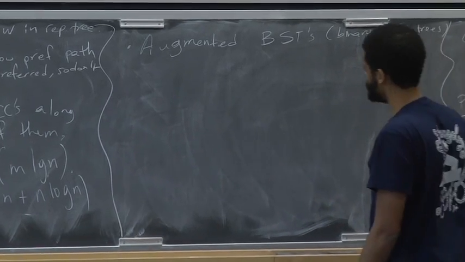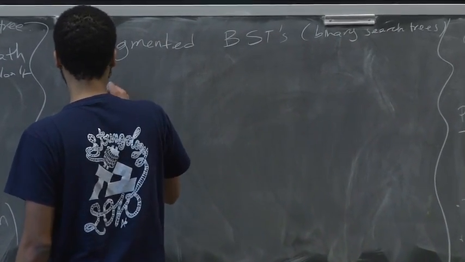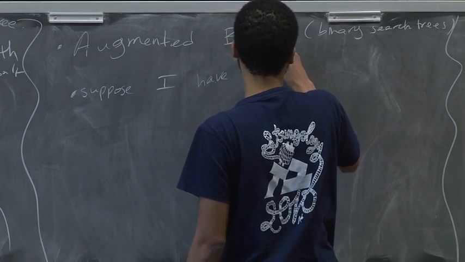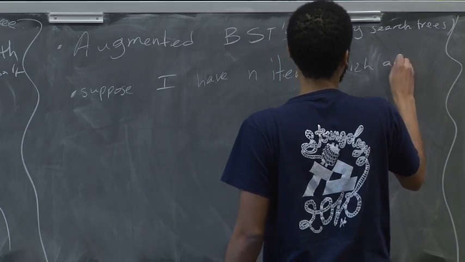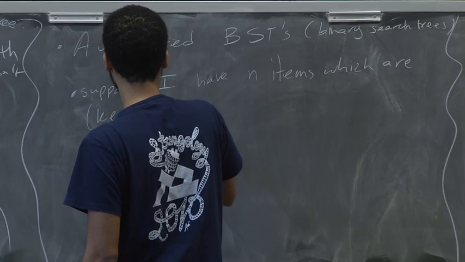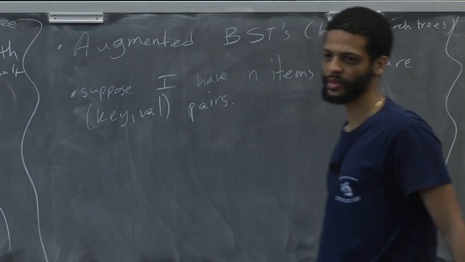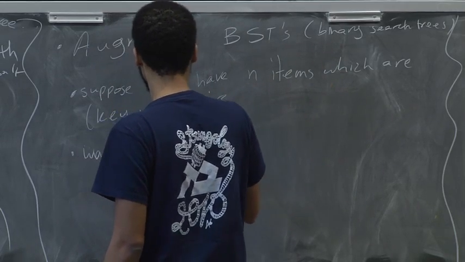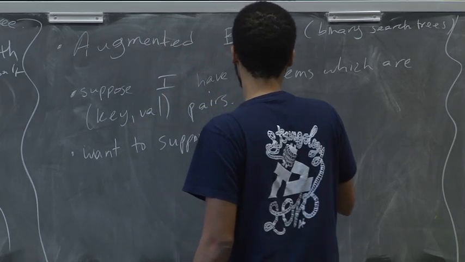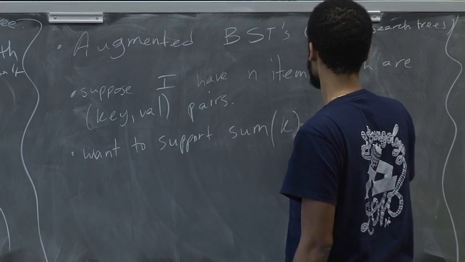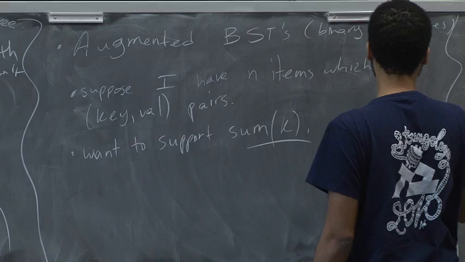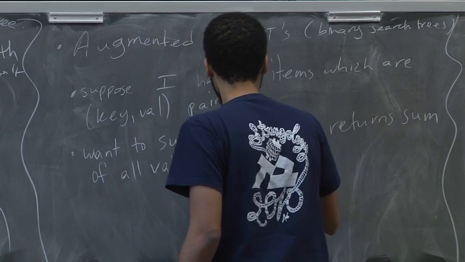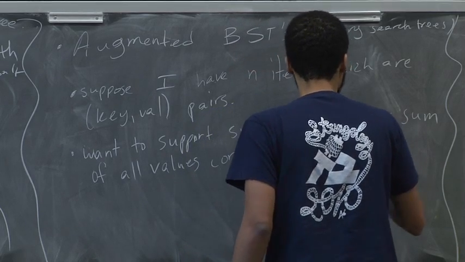So suppose, for example, I have n items which are key value pairs, and I want to support operations like sum of k, which returns the sum of all values corresponding to keys that are at most k.